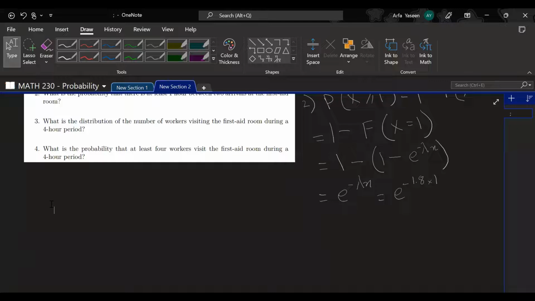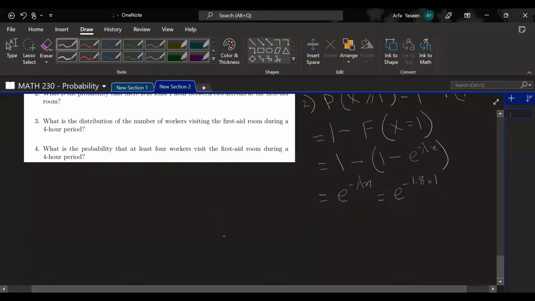And our parameter for the Poisson distribution would be lambda times t, where lambda is 1.8 workers arriving in an hour, and we'll adjust it according to the time interval we are given, and that would be 4 hours. So 7.2.